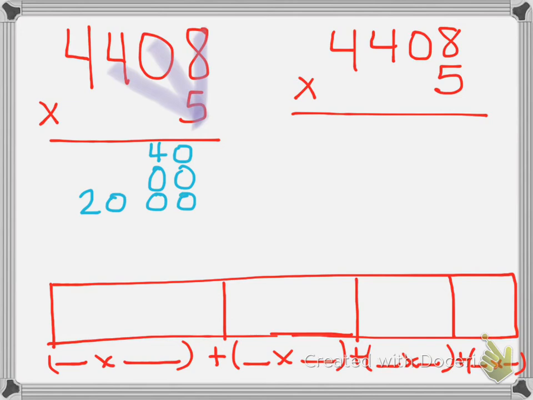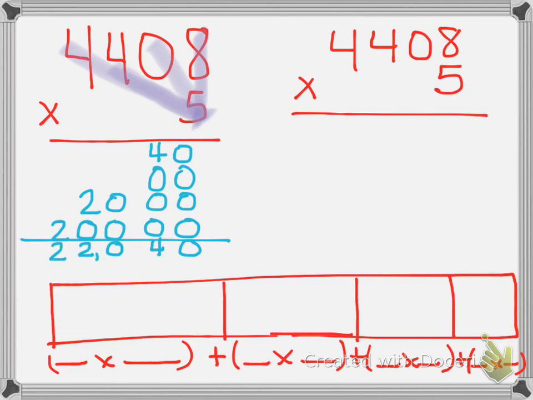And now I have to multiply the thousands place. 5 times 4 thousands is 20 thousands, 2 10,000s. I've finished, and now I can add ones place, tens place, hundreds place, thousands place, 10,000s place. 4,408 times 5 is 22,040.